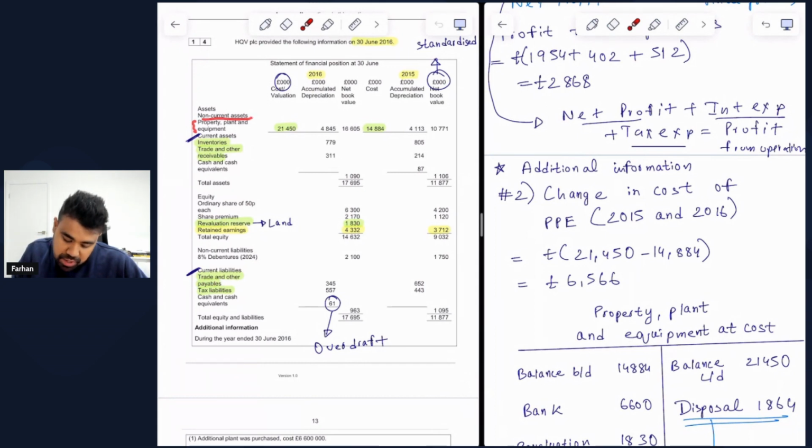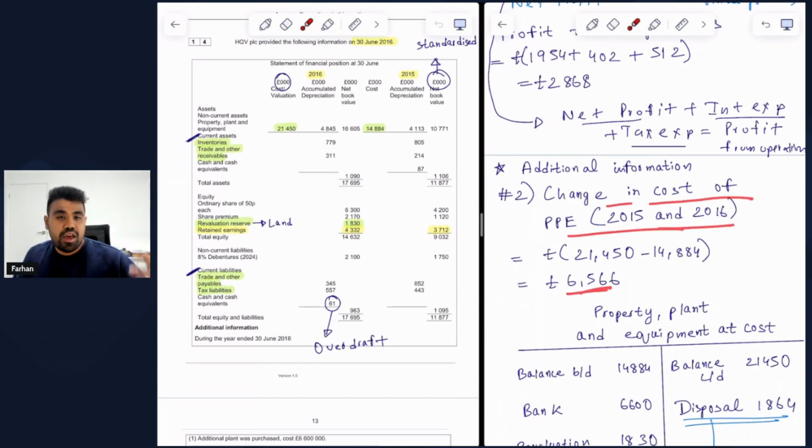In 2015, the cost was 14,884, but in 2016, the cost is 21,450. So what we're doing first is finding the change in cost of PPE between these years, and that is £6,566.